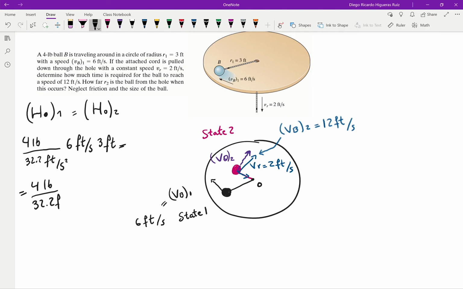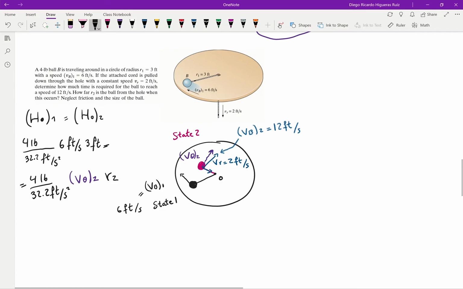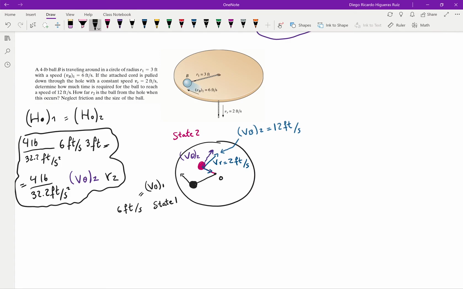The mass is not changing from state 1 to state 2, multiplied by this velocity that we need to calculate, and multiplied by r2, and we don't know that. So this right here is my conservation of momentum.